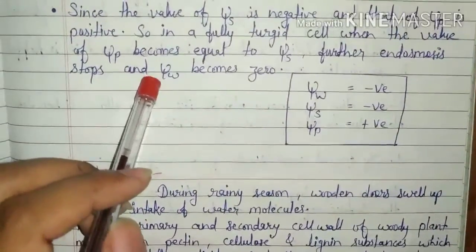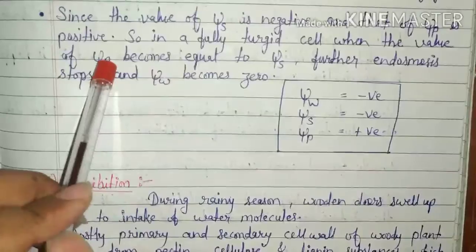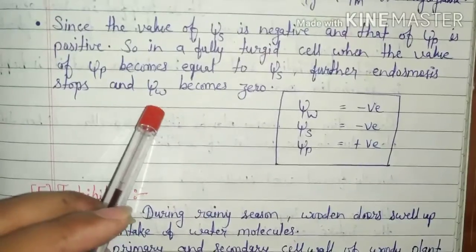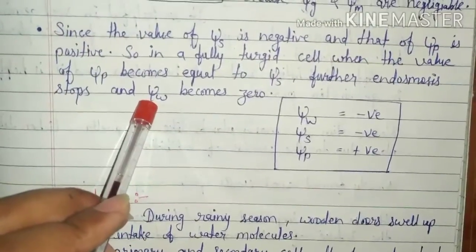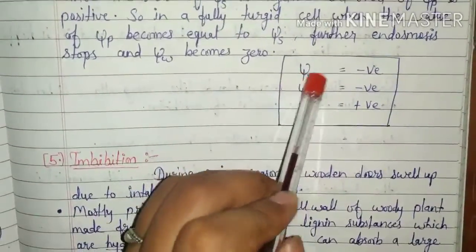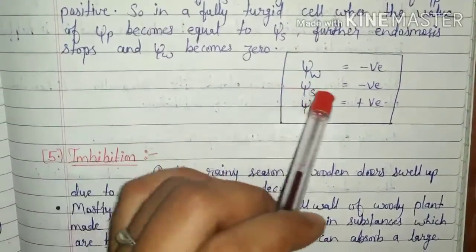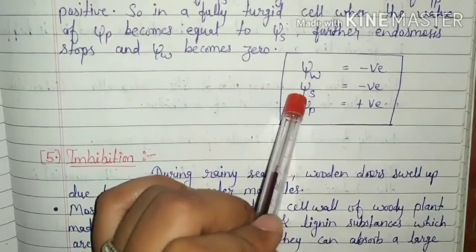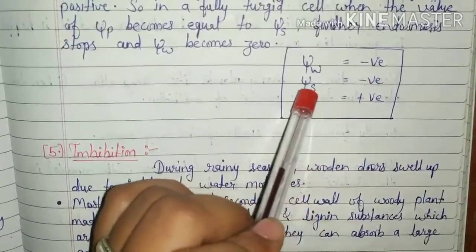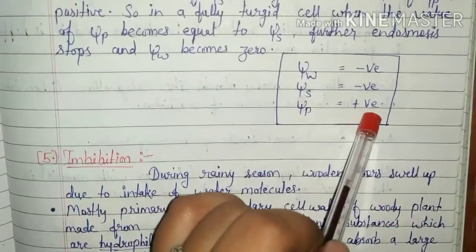So pressure potential and solute potential are equal to each other, and the resultant water potential becomes 0. Let's see. Water potential is negative. Solute potential is also negative. Due to the addition of solute, the water potential value is negative and pressure potential is positive.